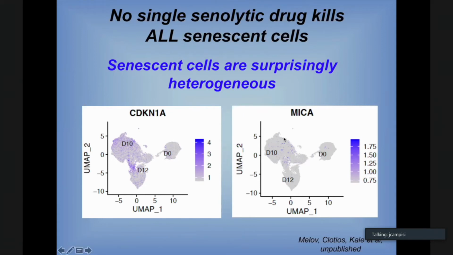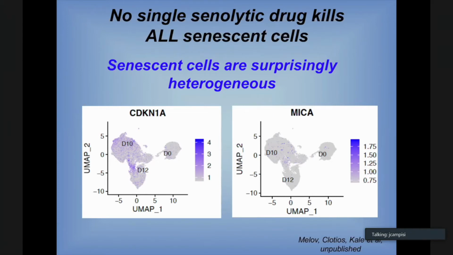And we think this is one of the body's ways of eliminating senescent cells by allowing natural killer cells to attack them. But then there are subpopulations like this population here, which just simply don't express this gene. And they don't express many of the other genes that are associated with natural killer cell susceptibility.